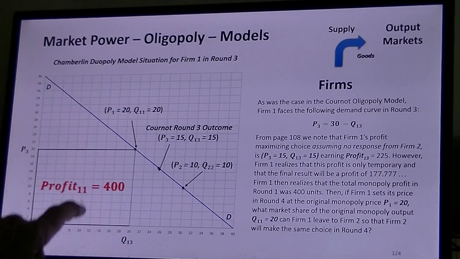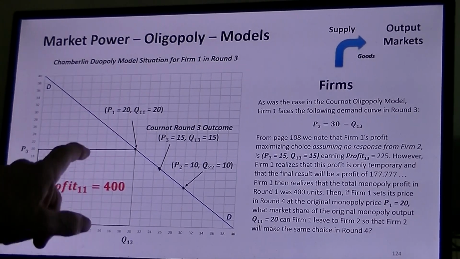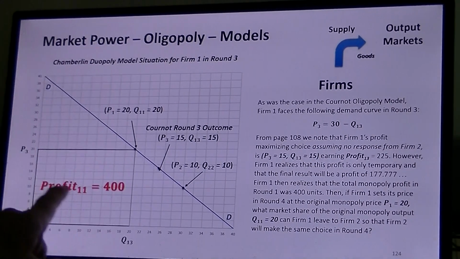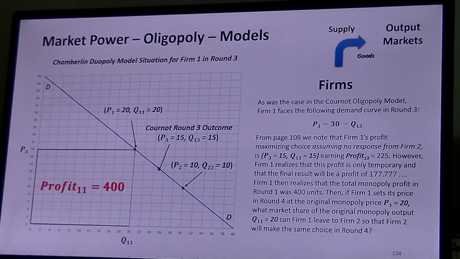If I get half the market at that price, then I can do better. There's more money to be made at this price, and there's more of a pie to share than if I try to play this Cournot game. So that's what firm 1 does in round 3.